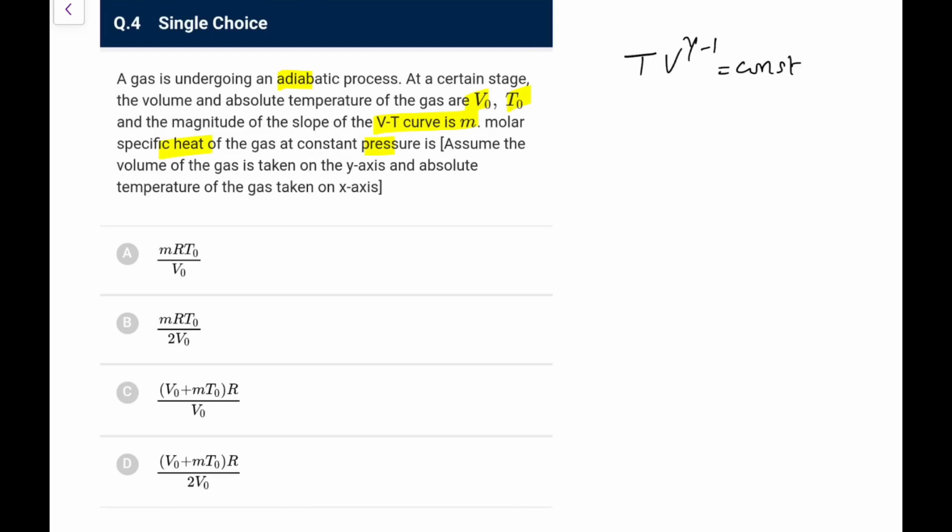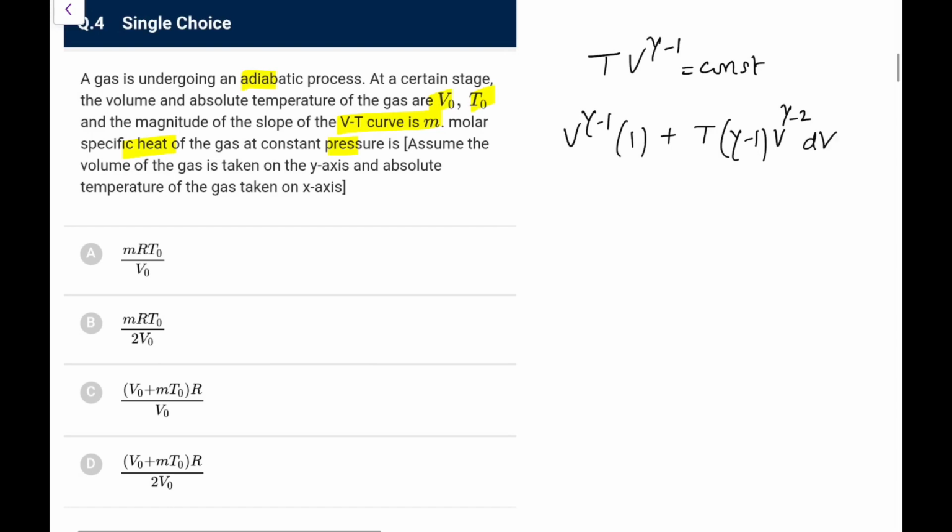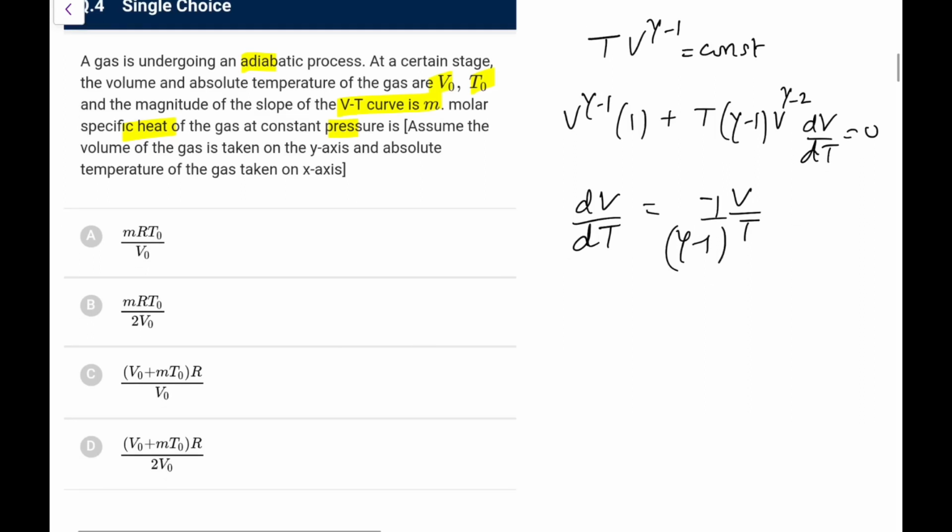So if I need to plot the slope, I differentiate it with respect to T: V to the power gamma minus 1 into 1 plus T into gamma minus 1 into V to the power gamma minus 2 dV by dT would be equal to 0. So this dV by dT, or the slope you call it, would be equal to minus V upon T, and this would be 1 upon gamma minus 1. This is what you are going to get.